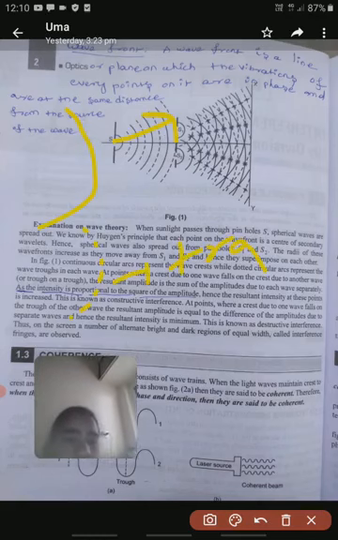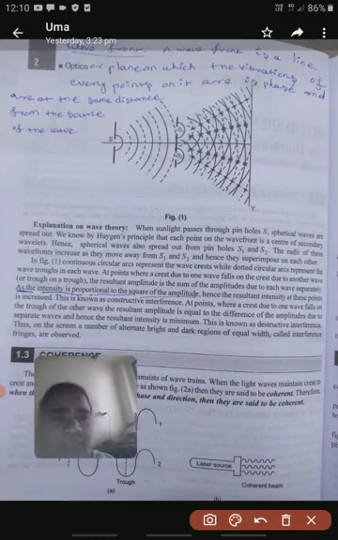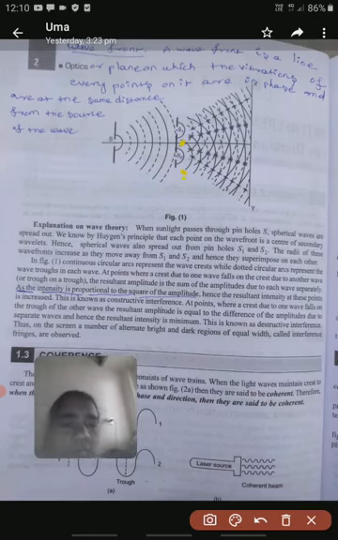Here we should remember one point. When the crest from source S1 and the crest from pinhole S2 are incident or coincident, automatically we get a high intensity wave.